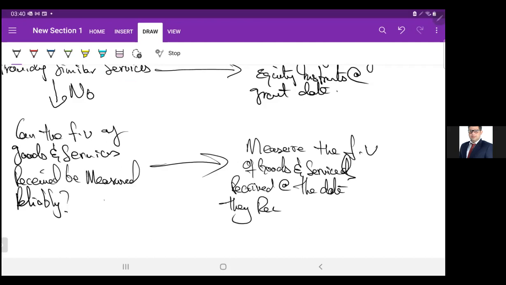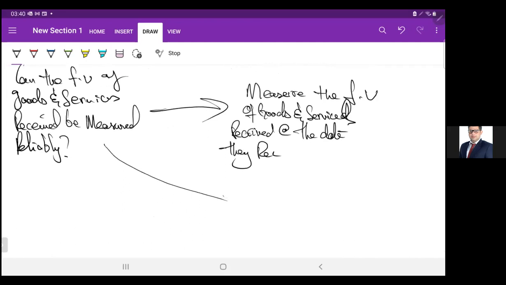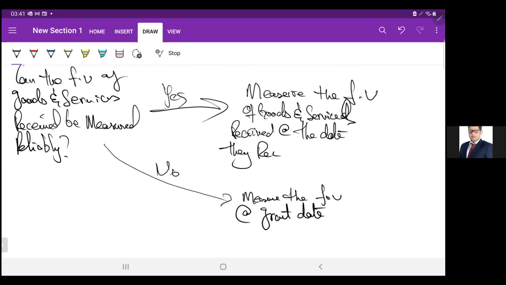And if the answer is no in this case, measure the fair value at grant date. Simple and easy.